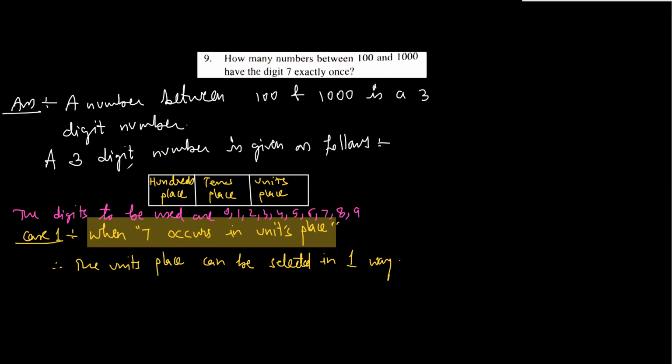I will go for the hundreds place. Please don't go for the tens place. You should go for the hundreds place first because there is a condition. What is the condition? It should not be zero. See, the hundreds place, you cannot have zero and you cannot have seven also. Why? Because you are already putting seven at units place. Otherwise, there will be two sevens, which is not permitted.